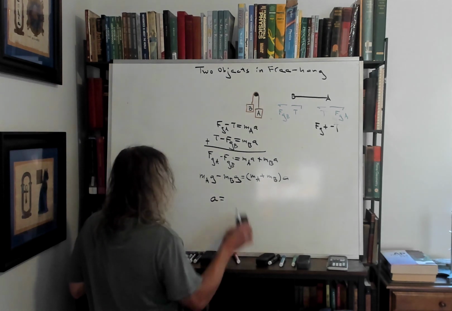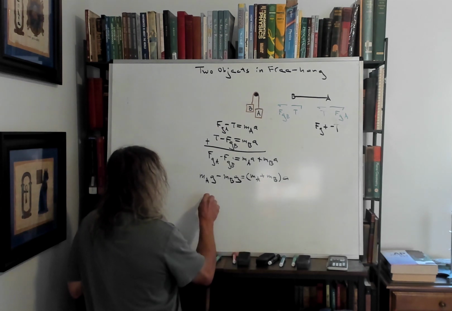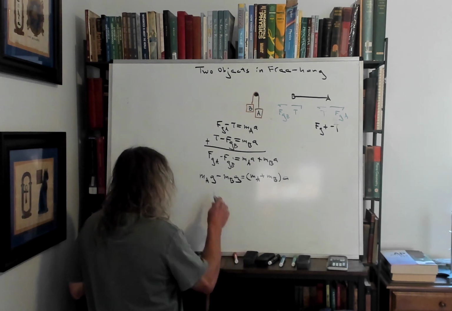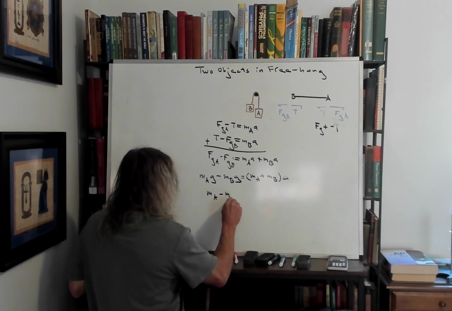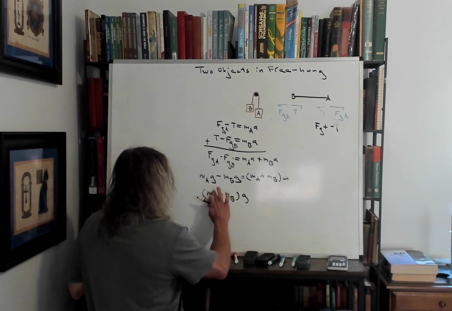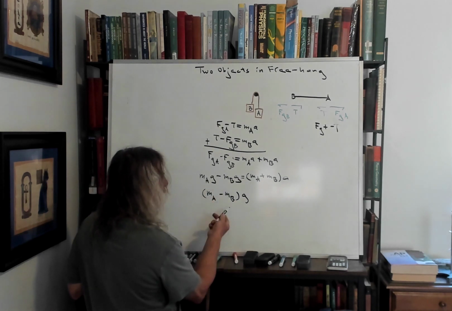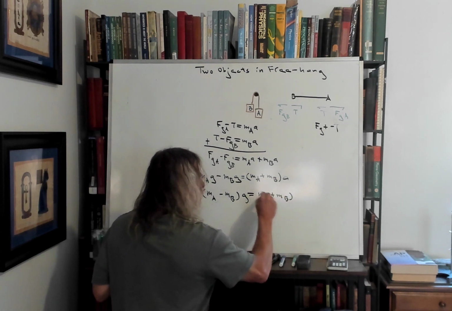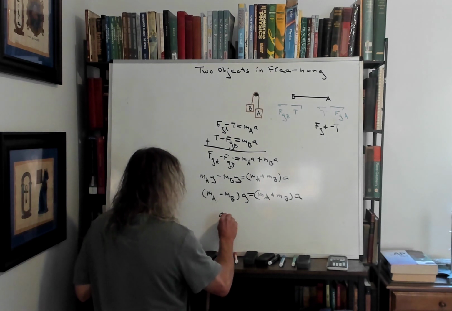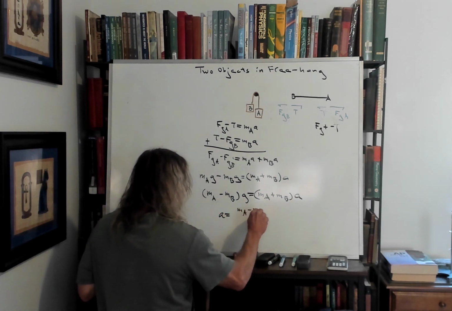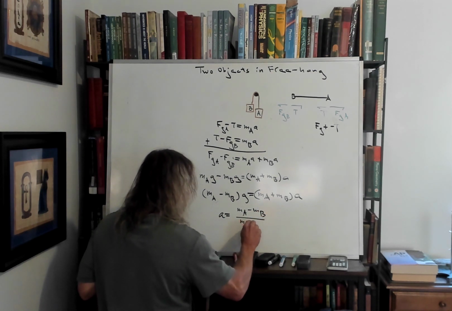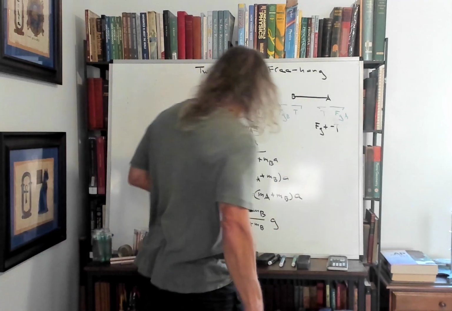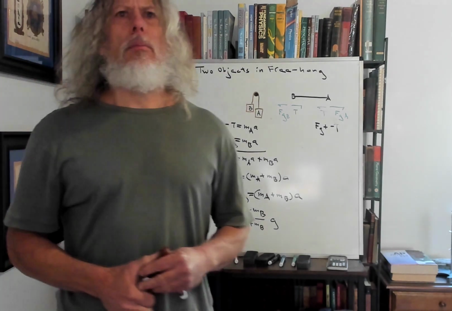Let me do this first: we can also factor out a G. So the mass of A minus the mass of B times G is the mass of A plus mass of B times a, then divide.